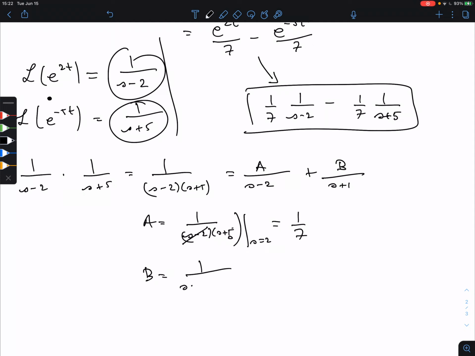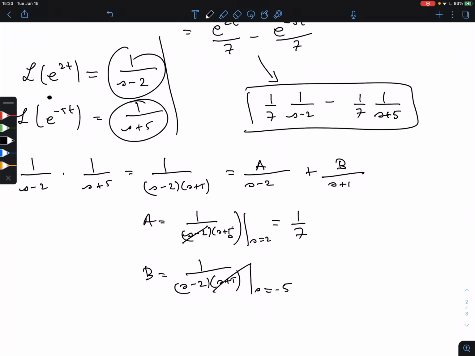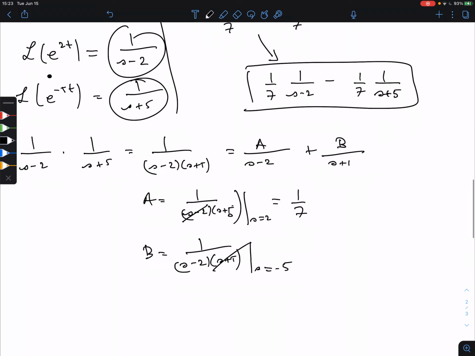Well, let's copy it again. The root is s equals -5. We scratch out the s plus 5 and plug in s equals -5, so we get 1 over -5 minus 2, which is minus 1/7. So this partial fraction is 1/7 times 1 over s minus 2 minus 1/7 times 1 over s plus 5.